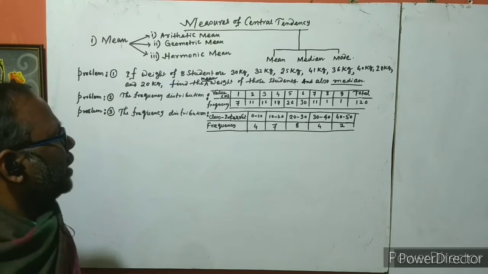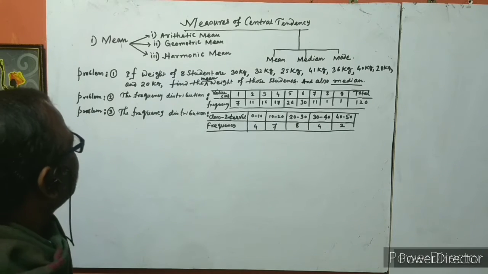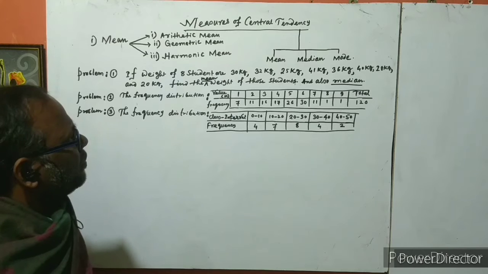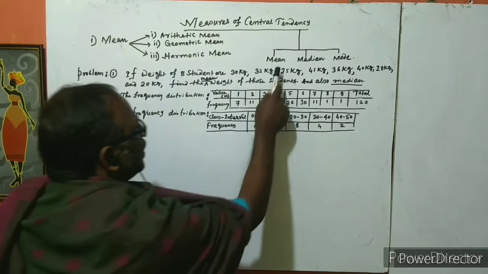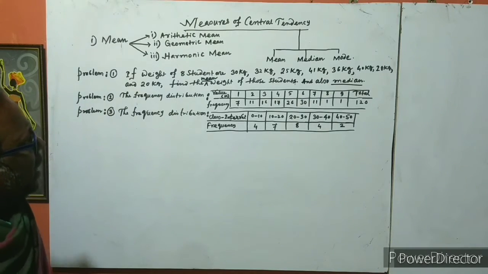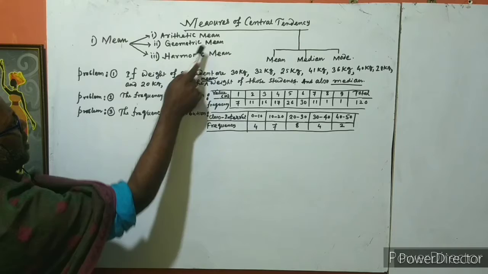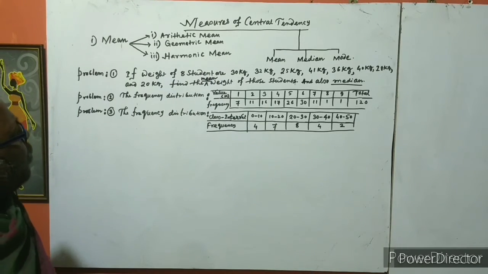Now today I want to discuss the measure of central tendency, and there are three parts of it: mean, median and mode. About mean, there are three parts: arithmetic mean, geometric mean and harmonic mean. The arithmetic mean is the most important.